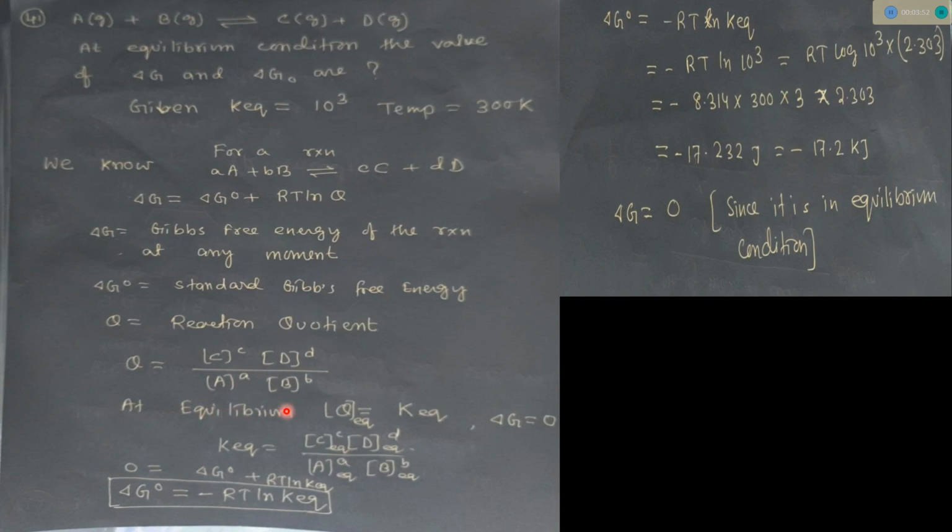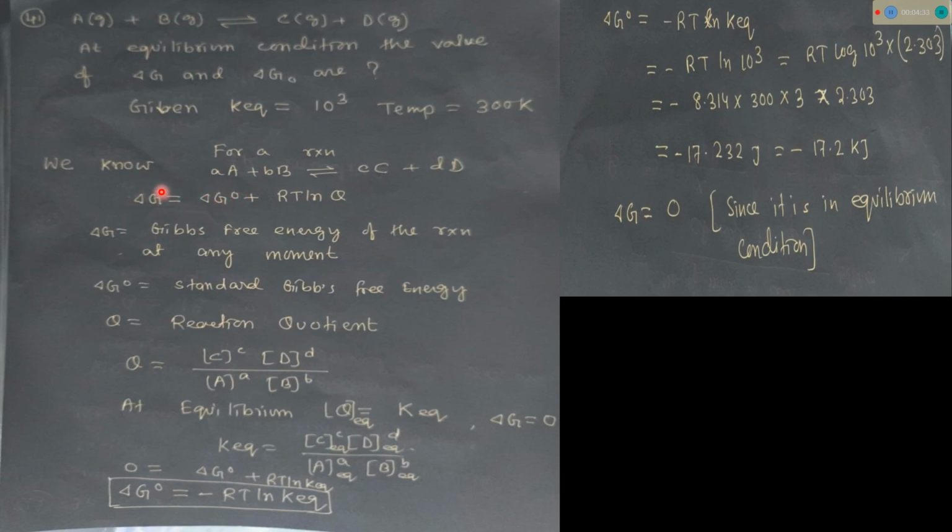We also know that at equilibrium conditions del G equals 0. The Gibbs free energy of the reaction should be 0. So if we put 0 in this equation, considering the equilibrium condition, then del G 0 plus RT ln K equilibrium, because at equilibrium the reaction quotient Q becomes K equilibrium, the equilibrium constant, and del G becomes 0, not del G 0.